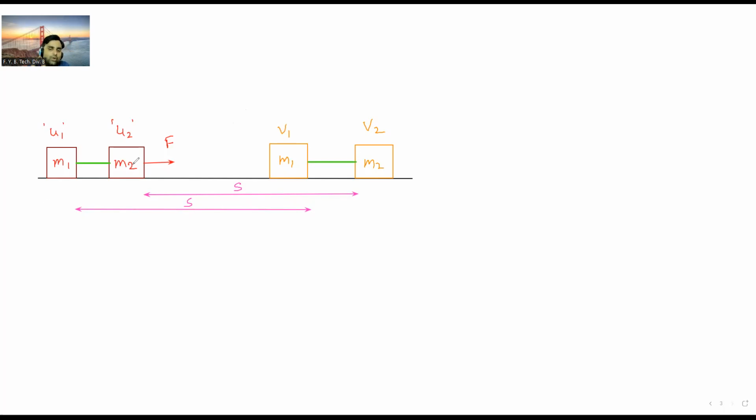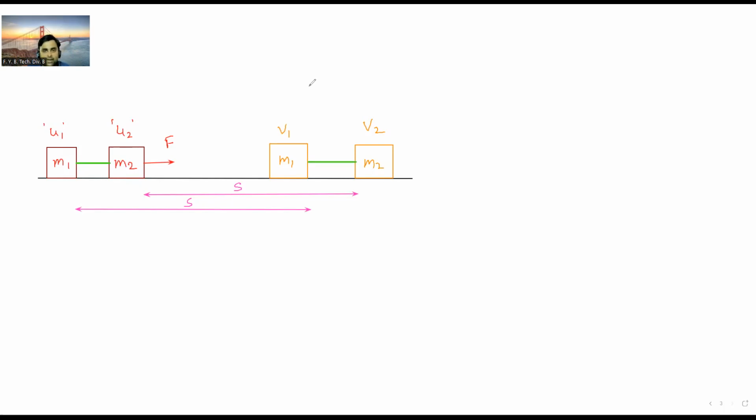If they move, both will move together. They are tied with a rope, or you can say with a bar, so that the distance between them will remain constant. So whatever the displacement of the block m2, the same is the displacement of block m1. So the displacement is the same over here.